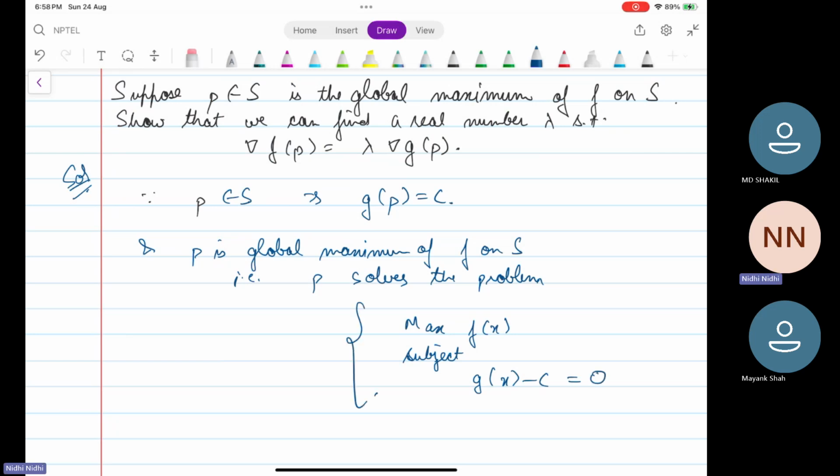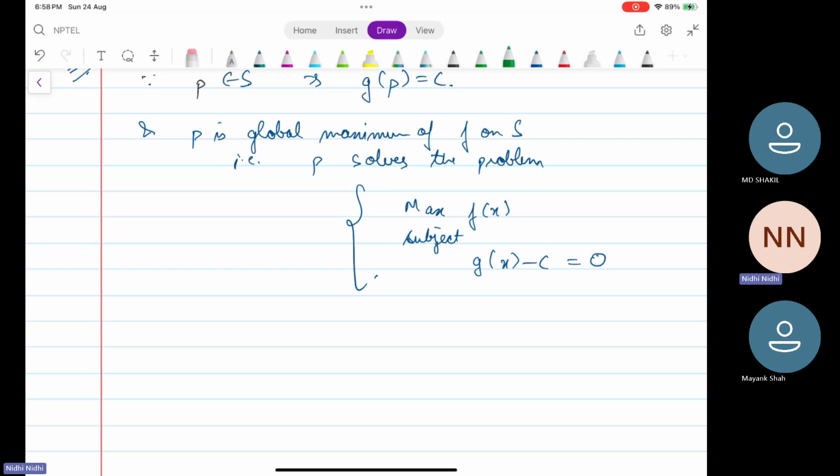We know we can solve such a constrained optimization problem using the method of Lagrange multiplier.